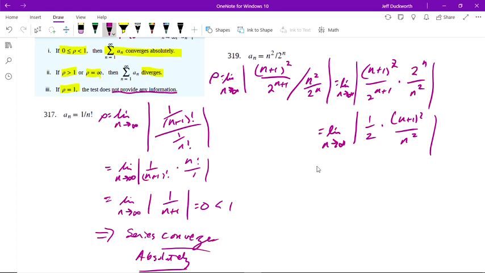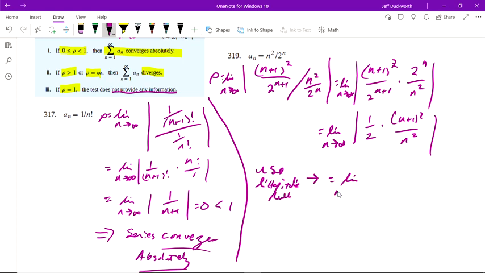So we're also going to use L'Hopital's rule. So this equals the limit as n approaches infinity. I'm going to, again, drop the absolute values. It doesn't matter here. So the derivative of the top is going to be 2 times the quantity n plus 1. The derivative of the bottom, we've got 2 times n, that gives us 2n.